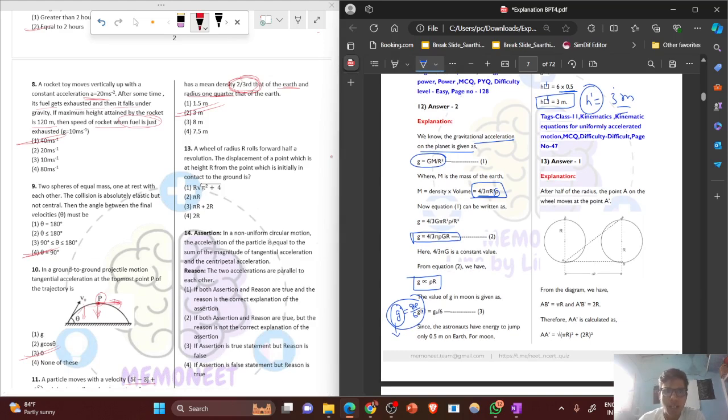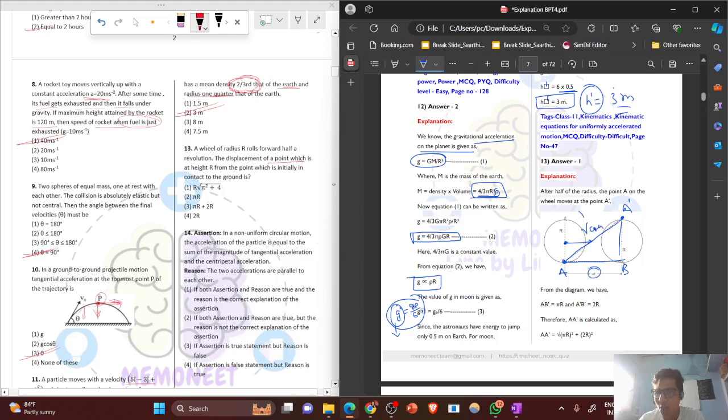Now moving ahead, a wheel of radius R rolls half of a revolution. It will just move half. Half means this point A comes out to be on top, its final position, and its initial position, and B comes out to be this point. Now it's asking the displacement of the point which is at height R. You just need to calculate the horizontal displacement. The center velocity is v cm, you know this, multiplied by time.